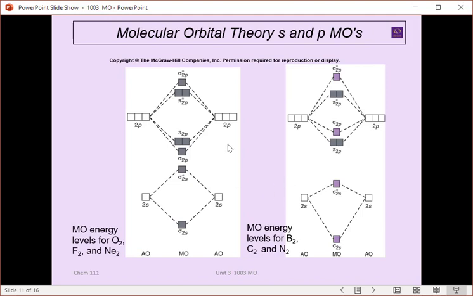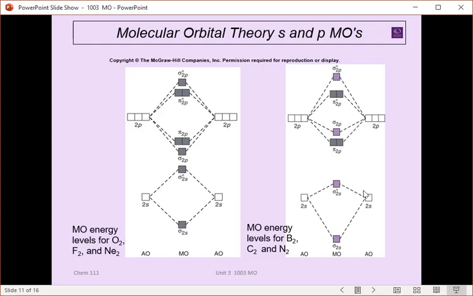Splitting diagrams for this look like when the 2 p's come together, they split differently depending on which homogeneous diatomics you're working with. So for boron, carbon, nitrogen, look at your periodic table, that's the first part of the p suborbitals. It splits as you would expect.